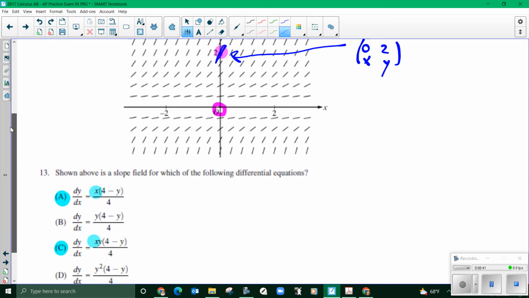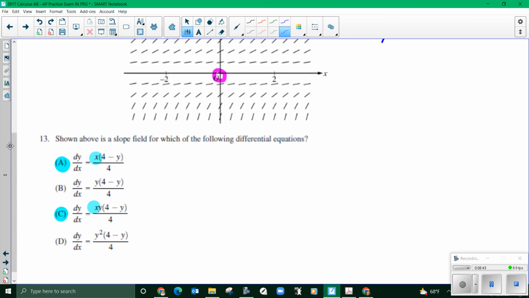All right, so let me take a look down here. Here's the issue with when x is 0. If I put a 0 here, 0 times anything would still be 0 on the top. If I made this x 0, 0 times anything would still make a 0 on the top. They would have horizontal slopes.